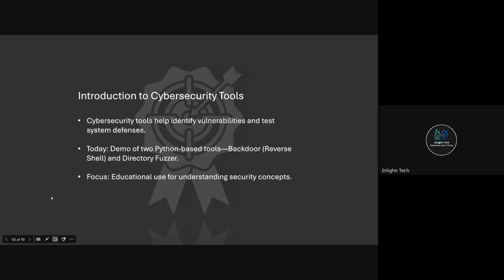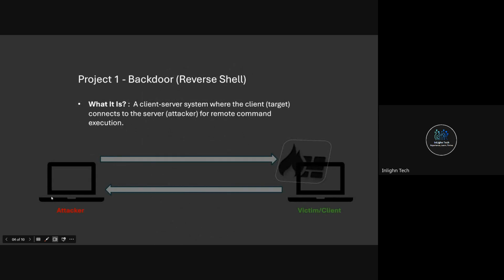The first is a reverse shell, also called a backdoor, and the second is a directory fuzzing tool to find hidden paths on a website while you are performing web application penetration testing, and this will help you expand your attack surface.